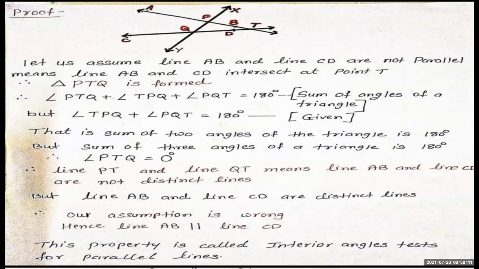That means the summation of all the angles of a given triangle is equal to 180 degrees, and we have to write the reason: sum of angles of a triangle.